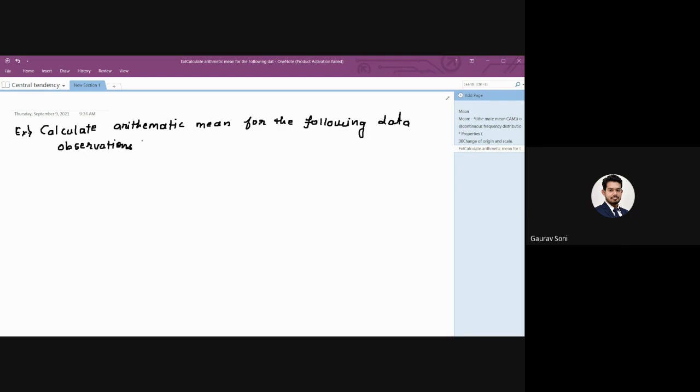Observations x and frequency f. We have 103, 110, 112, 118, 95. The frequencies are 4, 6, 10, 12, 3.